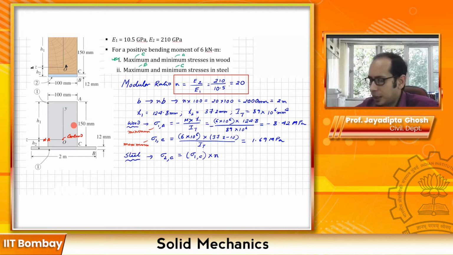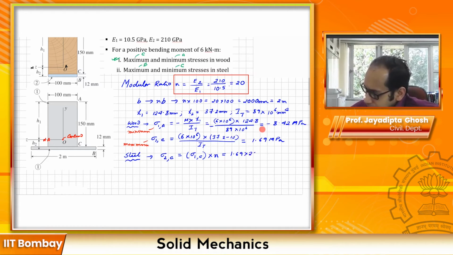Simple, because the stress for this one, remember, is that linear variation that I have, and this is the interface where I expect the jump. So this is the interface C, which is shared by both the wood and the steel. So here I'm going to calculate sigma 1 for material 1 at C, and I'm going to multiply with the modular ratio. So that is nothing but your 1.69, which I have already calculated over here, times your 20. So that comes out as 34 MPa.